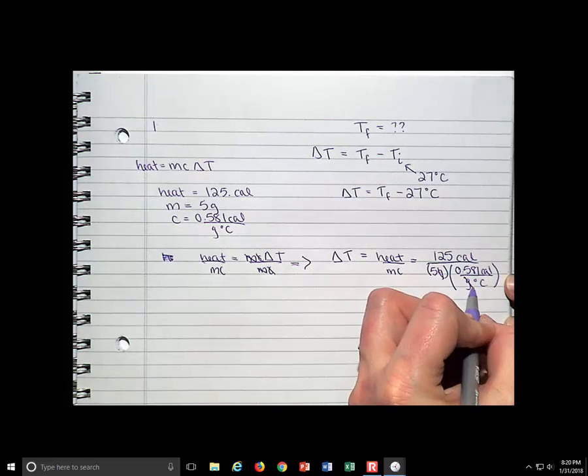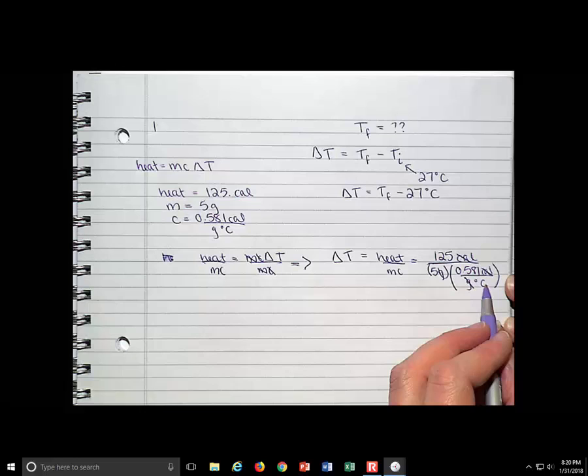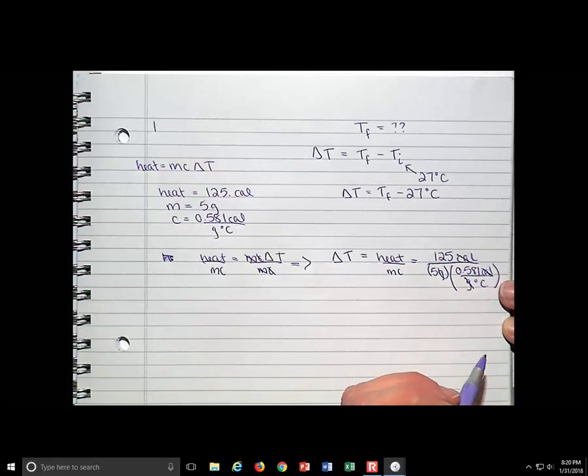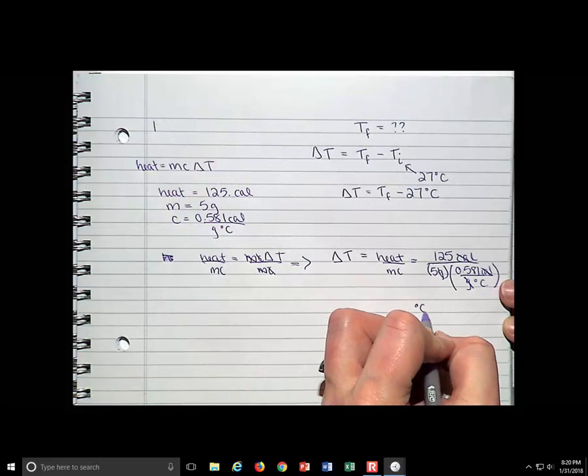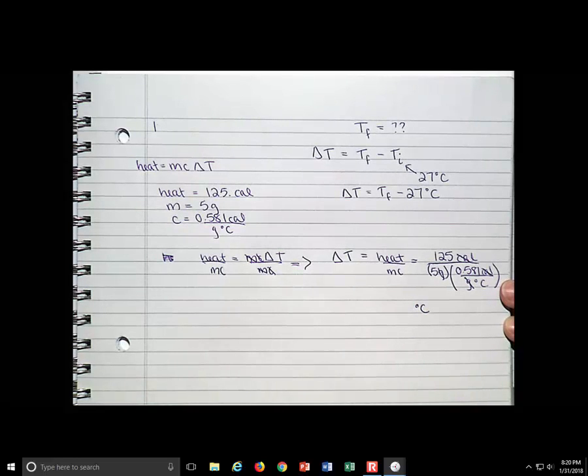So my units of gram cancel, calorie cancel. I've got degree Celsius in the denominator of the denominator, so it'll be the numerator. And that's the only units I'm left with.